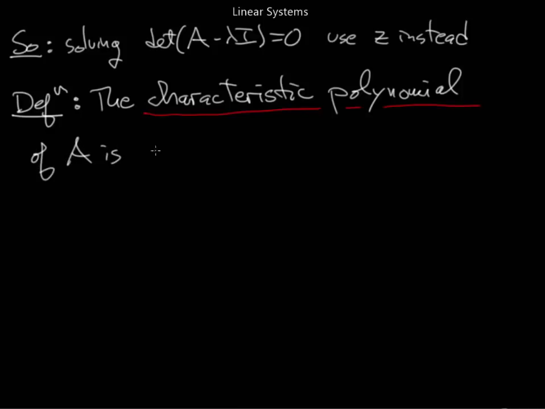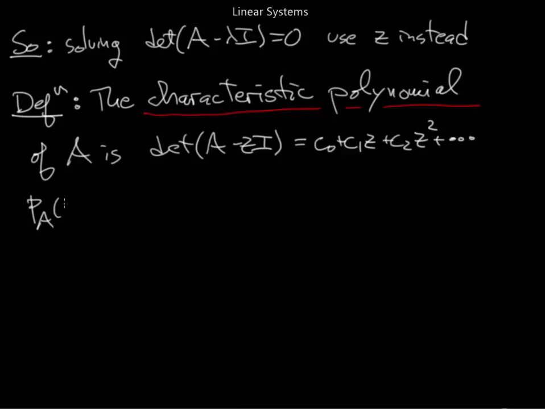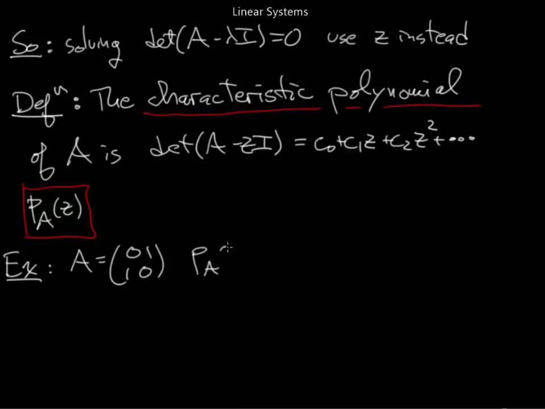You simply take the determinant of A minus z times the identity. If you write that out, that's a polynomial in z: c0 plus c1 z plus c2 z squared and so on. It's written p sub A of z. That's the characteristic polynomial.